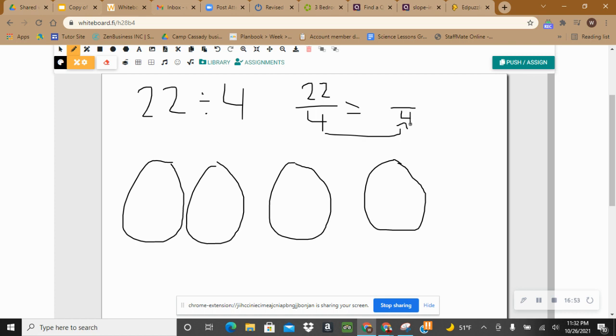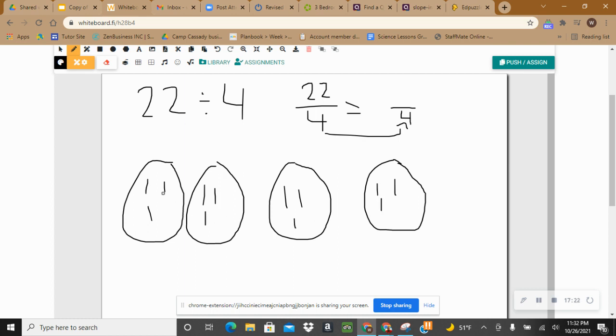Let's go ahead and solve now. We're going to break up 22 into these 4 liters, these 4 Mountain Dews. So we're going to take these 22 and divide them up into 4. I'm going to count 1, 2, 3, 4, 5, 6, 7, 8, 9, 10, 11, 12.